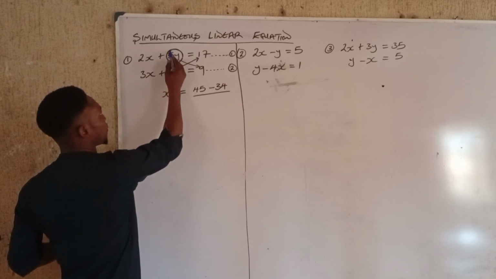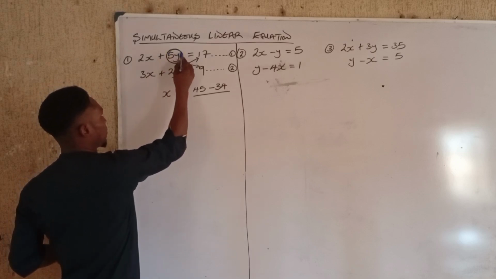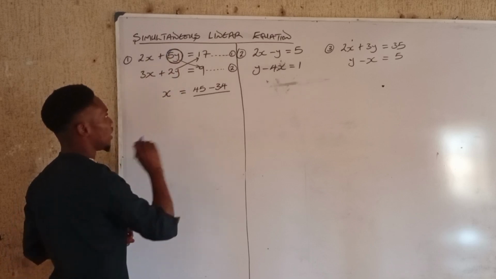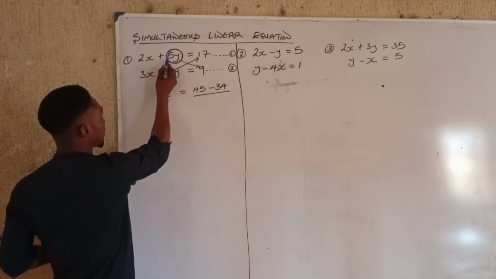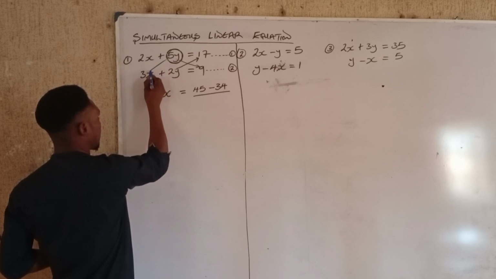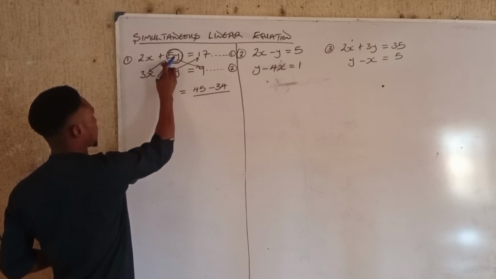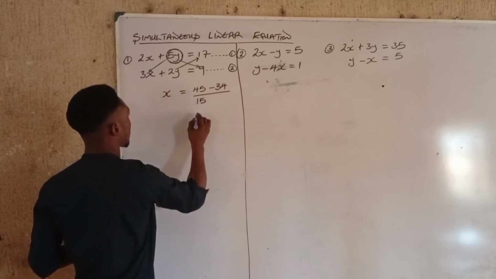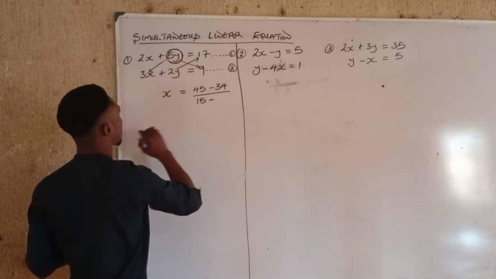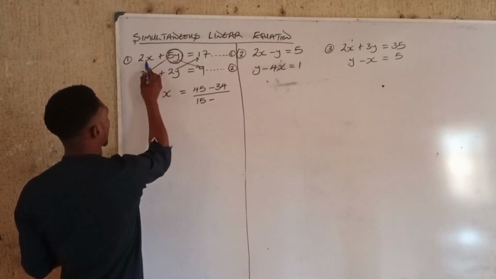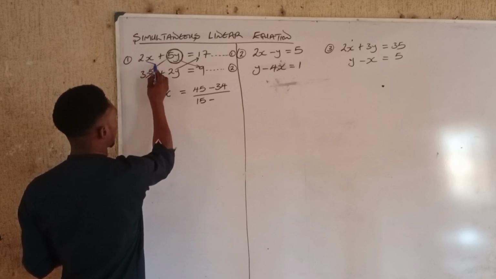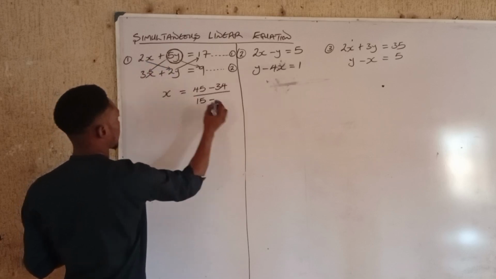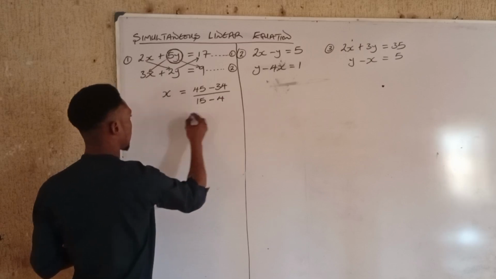Remember, I said everything we are multiplying, this must be multiplied first. So the next one we are multiplying now is this same number times this. 5 times 3 is 15 minus, then the remaining numbers, 2 times 2 is 4.